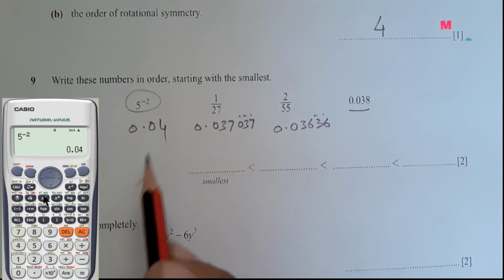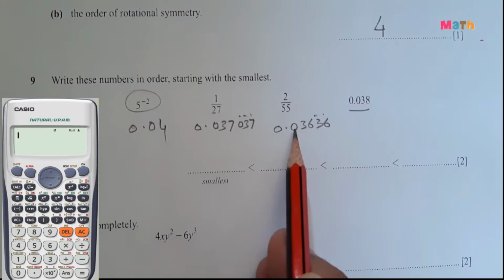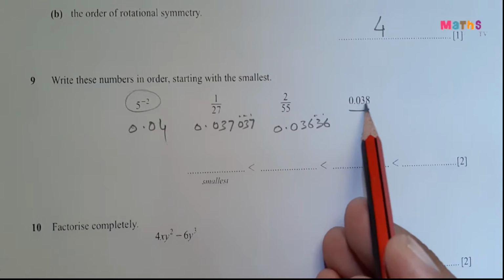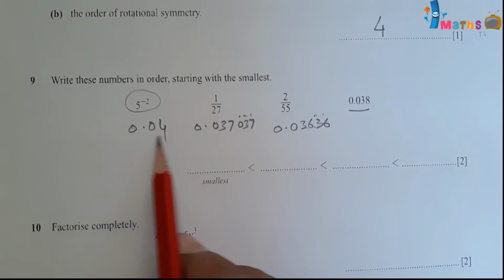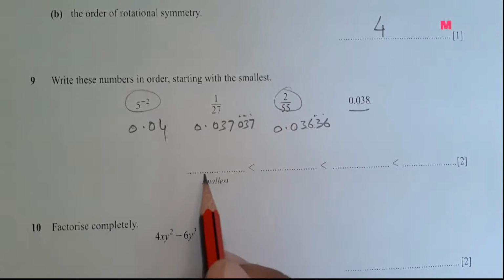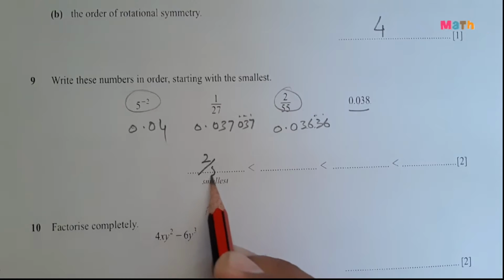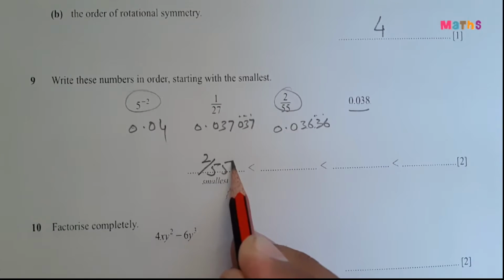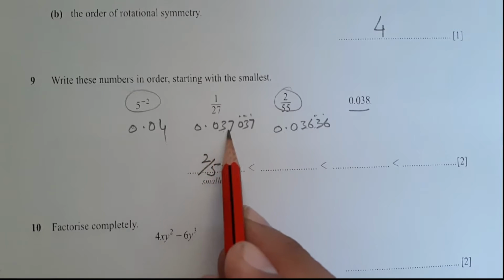0.04. So if we compare these numbers, this is 0.038, this one is 0.036. So all the numbers are bigger than this one. So first will be the smallest one here, 2 over 55 first number, and then second, if we check, this is 0.037.